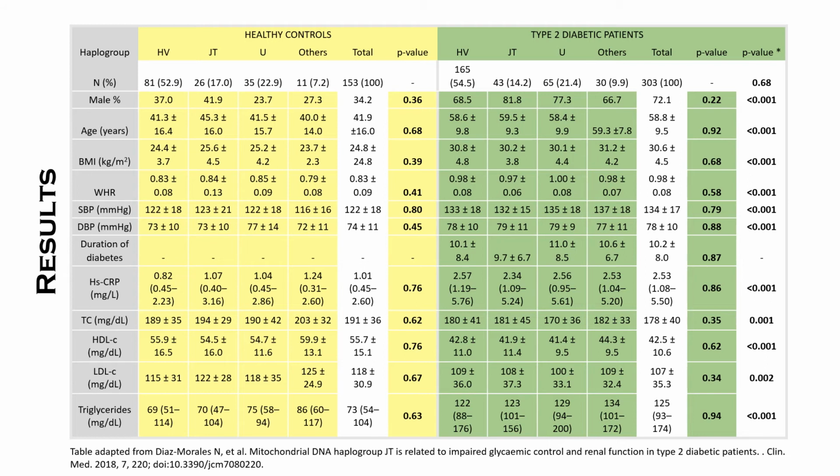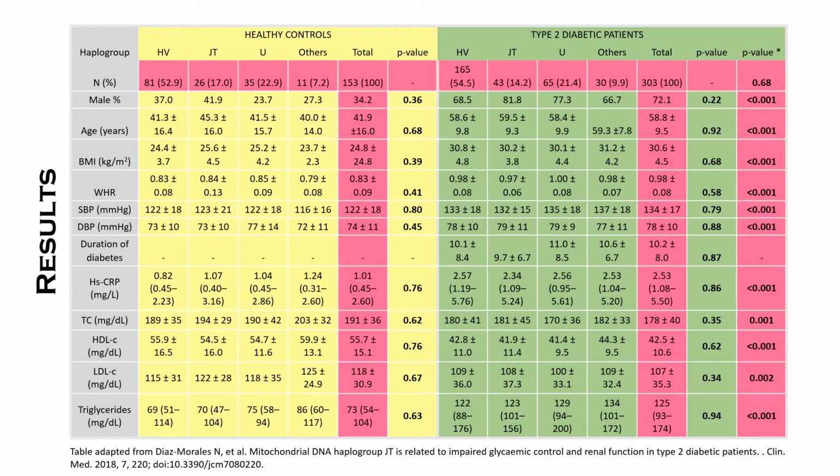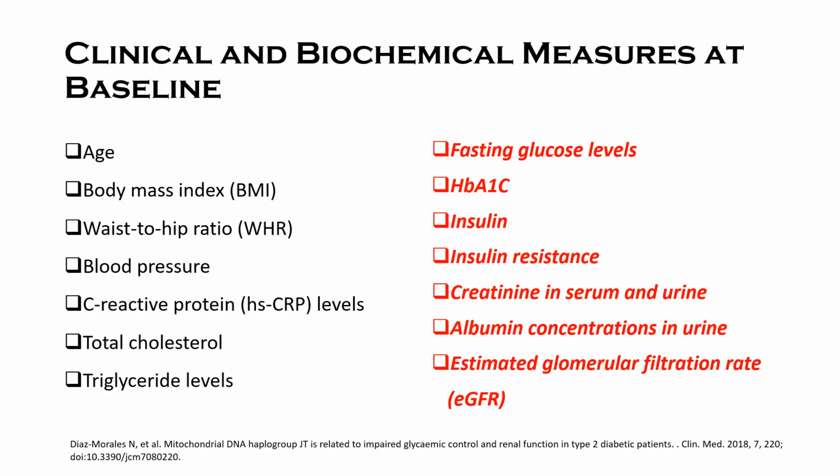And this is just to ensure that certain haplogroups do not come in to the study with certain disease biases. Now, when healthy subjects were compared to diabetic patients, there were statistically significant differences across all clinical measures, which is as expected, of course. Now, let's take a look at measures of glucose levels as well as kidney function.